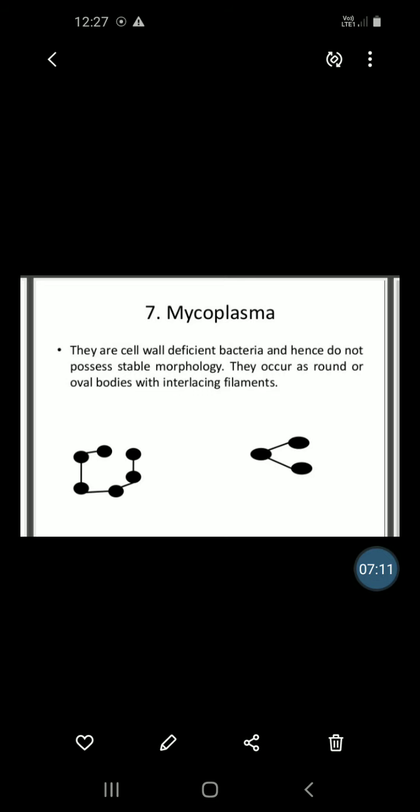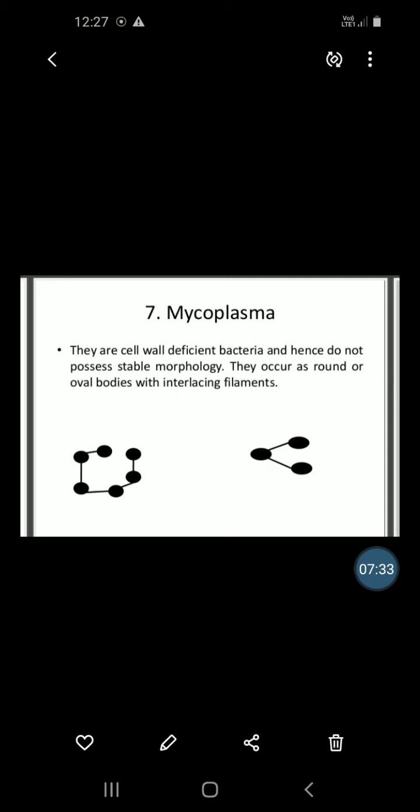Next, that is mycoplasma. They are cell wall deficient bacteria. Keep in mind, it is important for your multiple choice questions. Mycoplasma are cell wall deficient bacteria and hence do not possess a stable morphology.